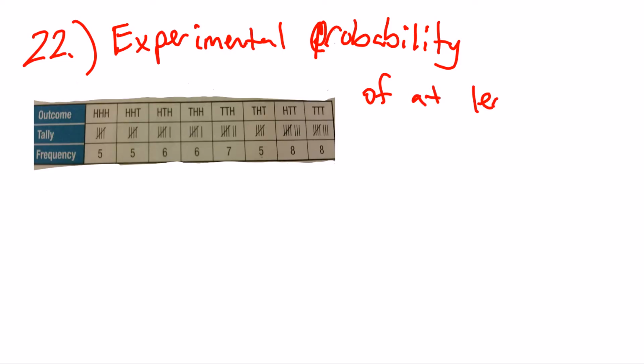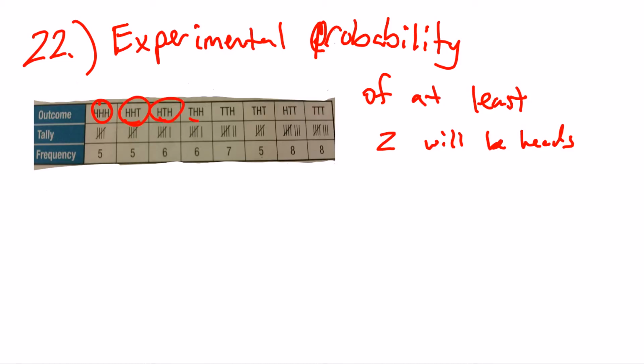At least, that's important. All right. So look, this one has 3 heads. So that one's good. This one has 2 heads, so I count that one.